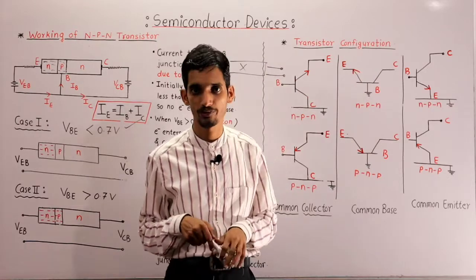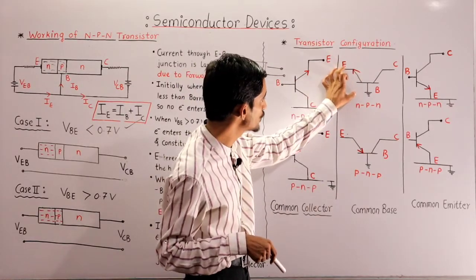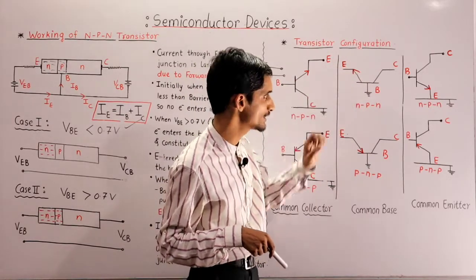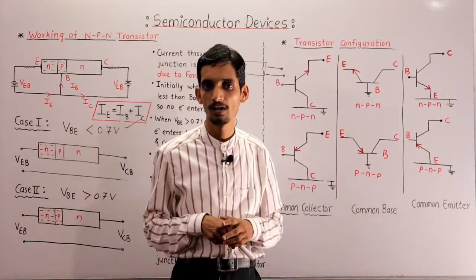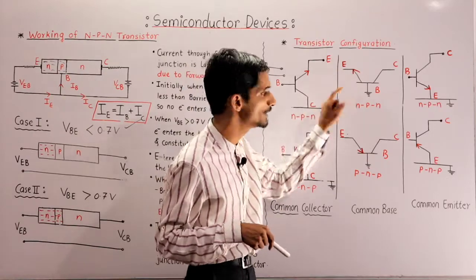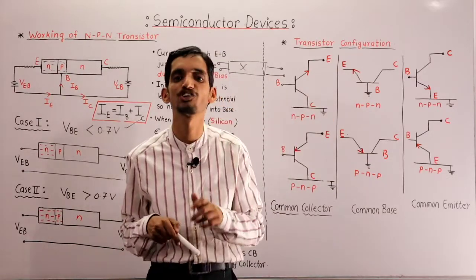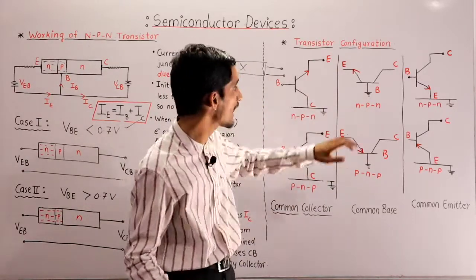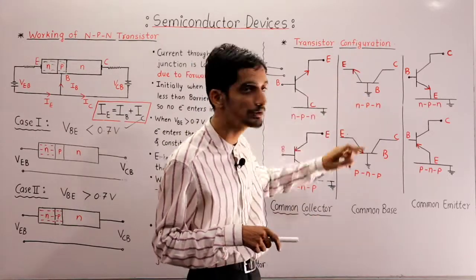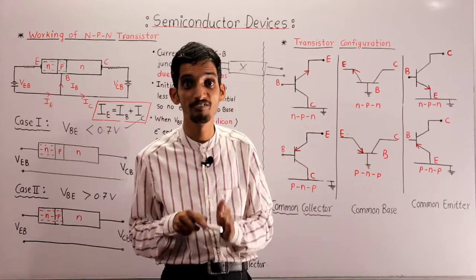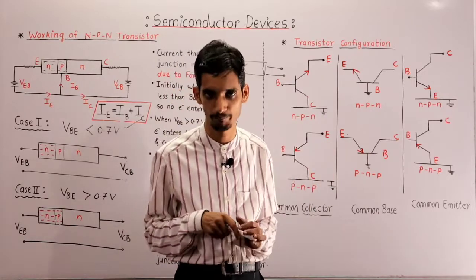Now another important question. Is the input voltage between emitter and base for common base configuration VEB or VBE? It is actually VEB because the base is at zero potential. So the potential difference is higher potential minus lower potential. That's why VEB means VE minus VB, and VBE means VB minus VE.